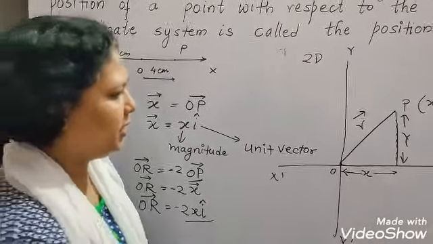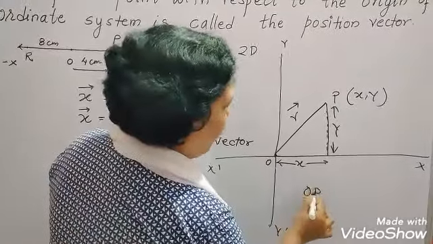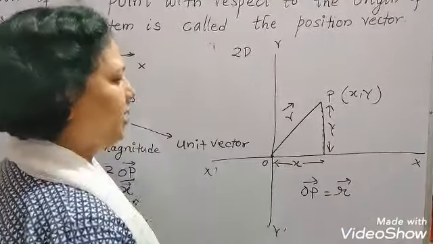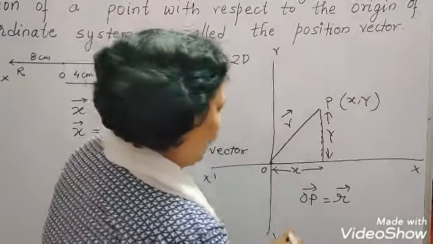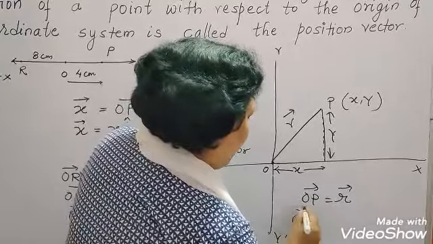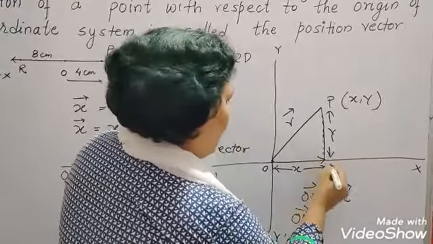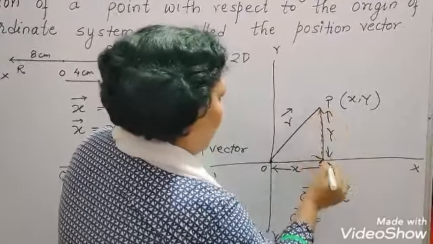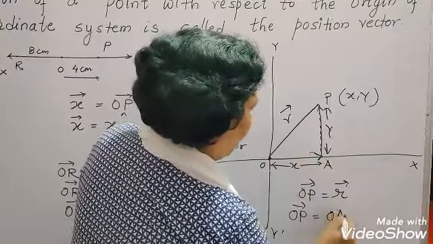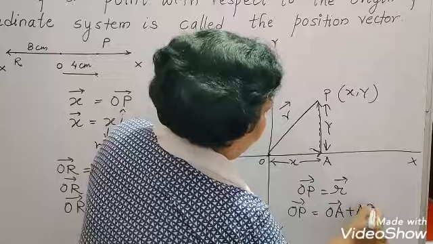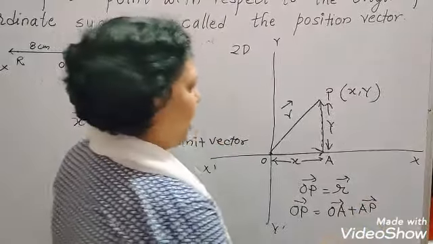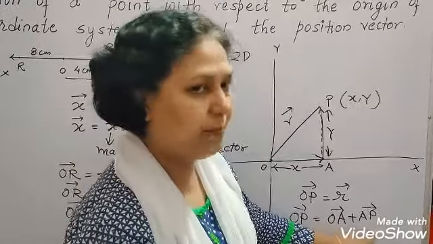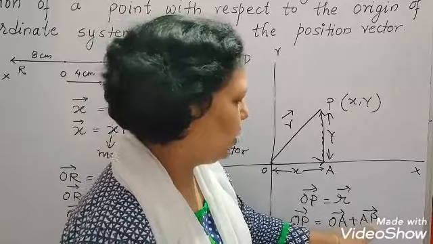We can calculate here the OP vector, which is equal to r, and this can be represented as OA, in this direction, then AP. So the OP vector is equal to OA plus AP.